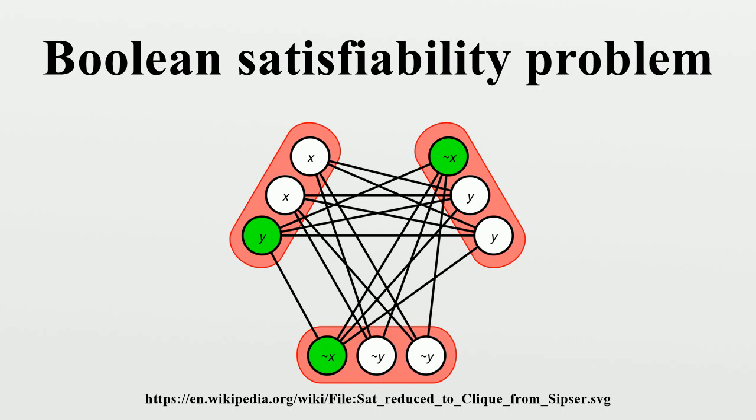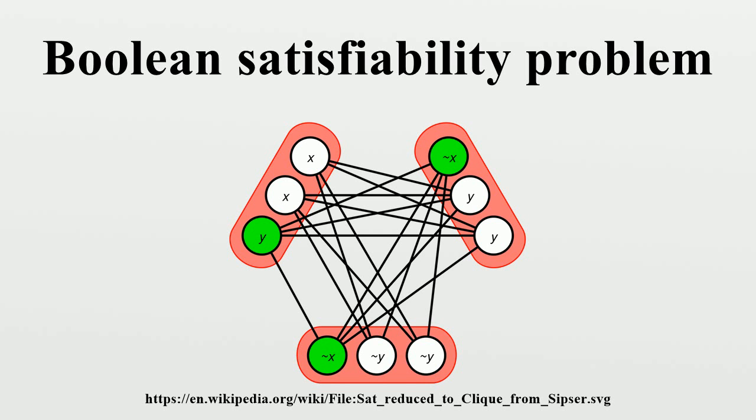A propositional logic formula, also called Boolean expression, is built from variables, operators and, or, not, and parentheses. A formula is said to be satisfiable if it can be made true by assigning appropriate logical values to its variables. The Boolean satisfiability problem is, given the formula, to check whether it is satisfiable.